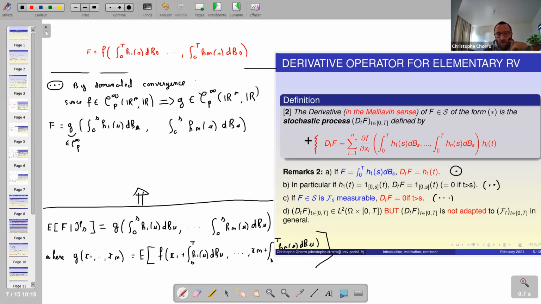And from this one here, this gives me that D_t of F is equal to what? So I apply the formula for g.